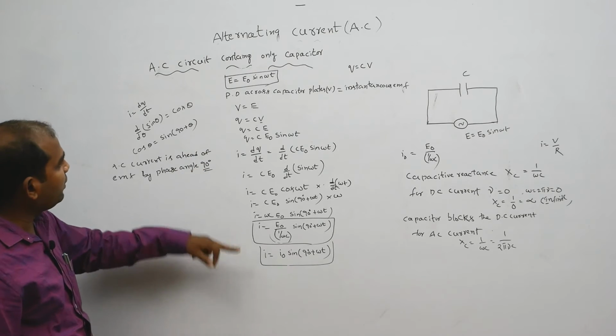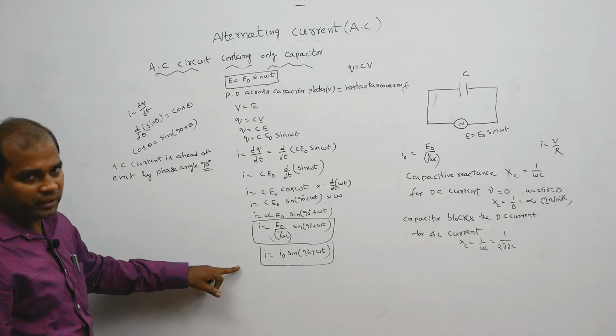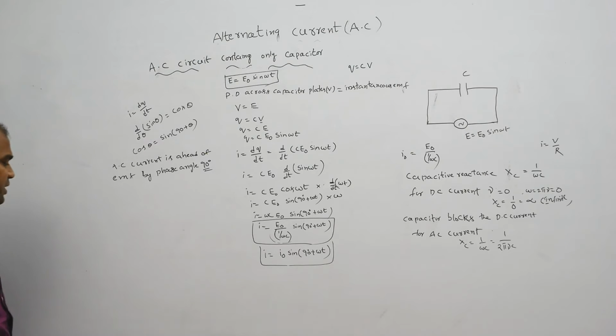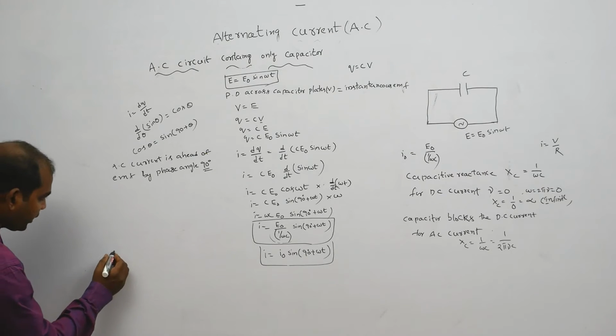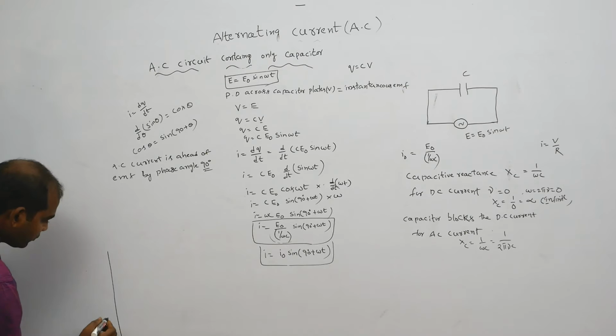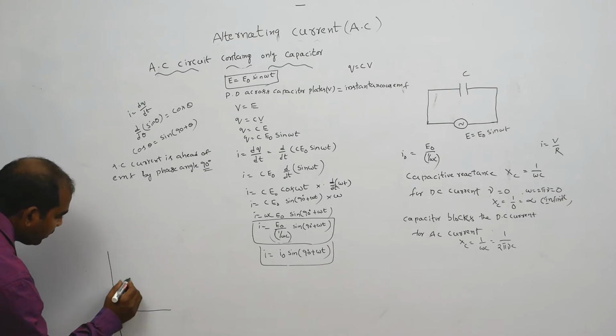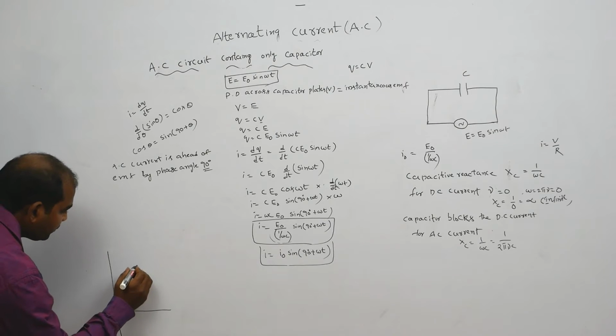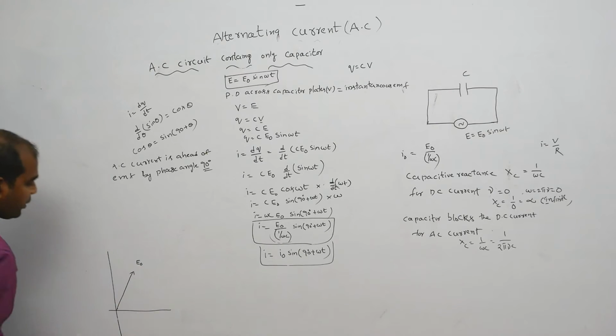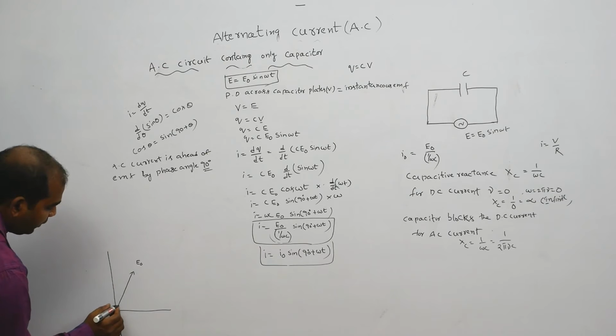Let us understand these two expressions clearly by drawing the phasor diagrams. First we draw the E0 phasor. It makes an angle omega t.